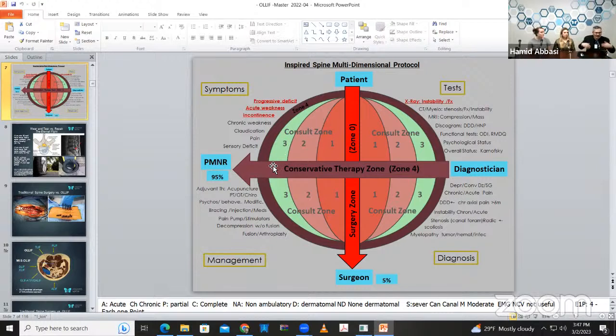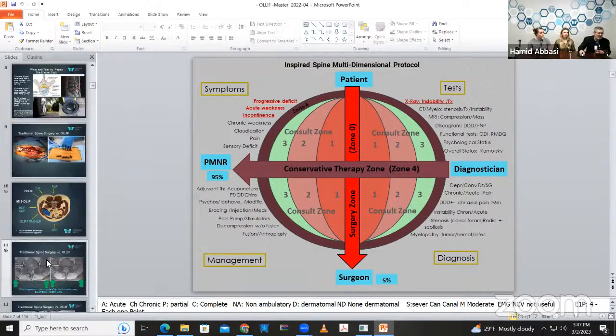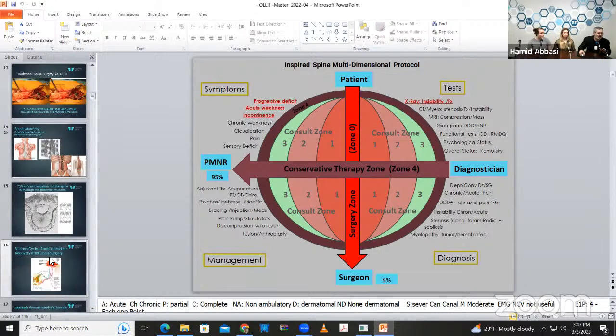And when we do this training, we give you the definition. It's like a card. It's easy, and that's the point of it, to make it easy for you not to miss really horrendous signs and be safe, and for the patient to get the maximum benefit of the conservative management before we consider surgery.